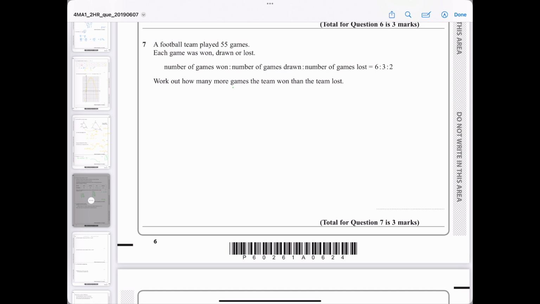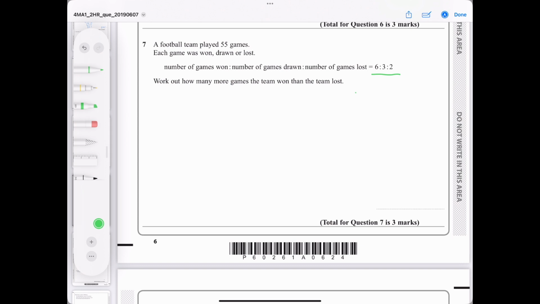Work out how many more games the team won than the team lost. So they played 55 games and the ratio is 6 to 3 to 2, so we can add these together, and we get 11. So each part of the ratio represents 55 over 11, which equals 5.